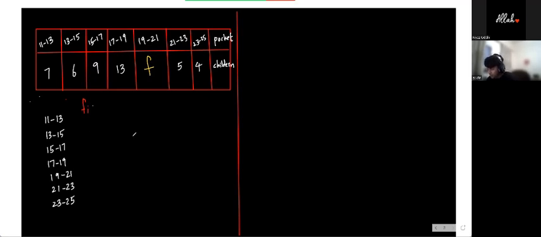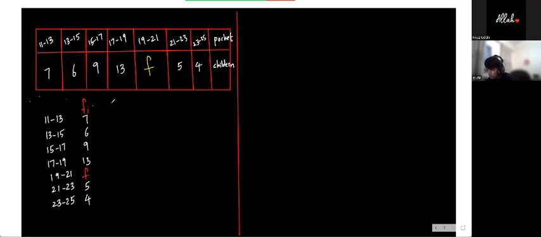So I'm not writing directly fi, I'm writing 7, 6, 9, 13, and one unknown value. That unknown value is f here, then 5, and then 4.